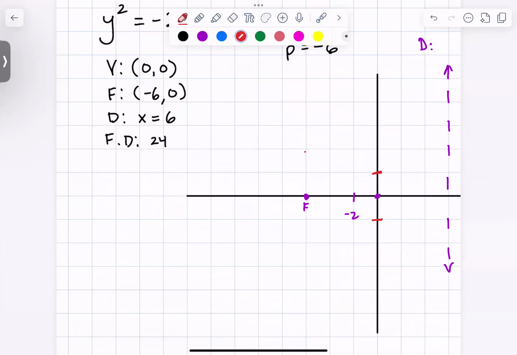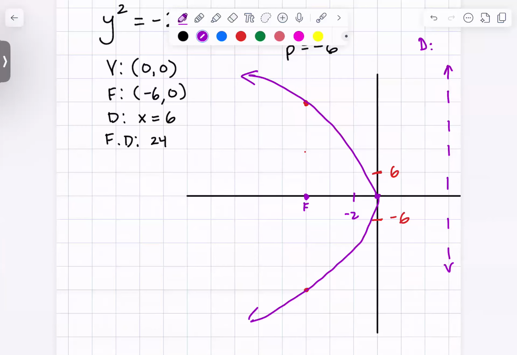So I want to make everything 6, so I can fit it. So it'll be here and it will be here. So then my parabola would fit in the graph that I provided. It'll look something like that, right?